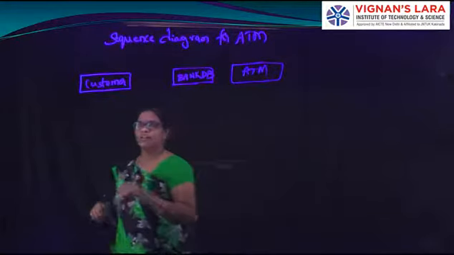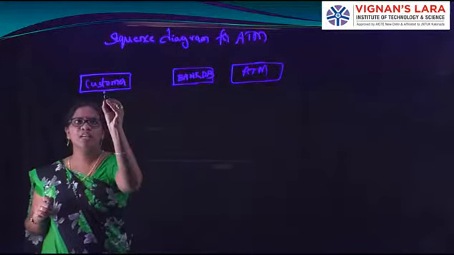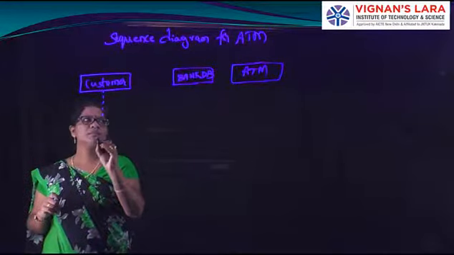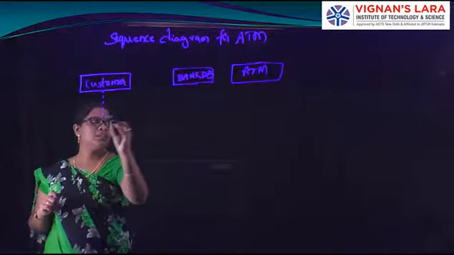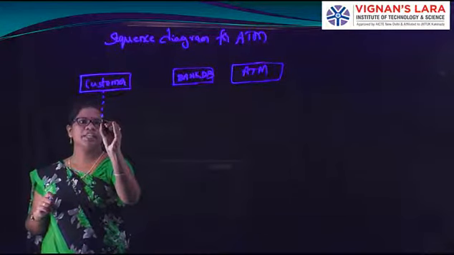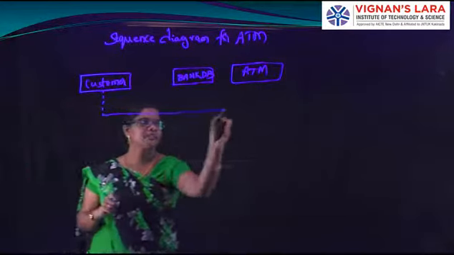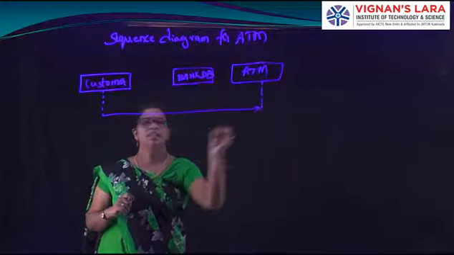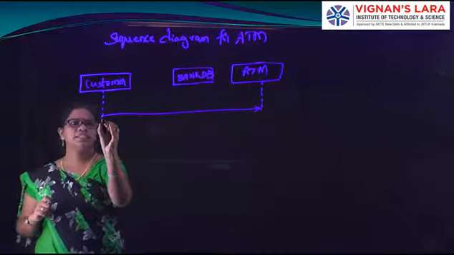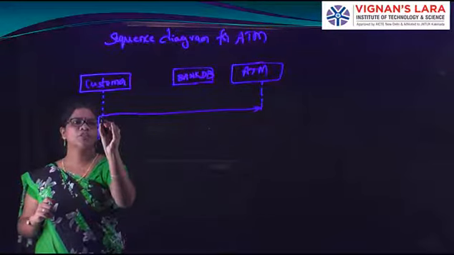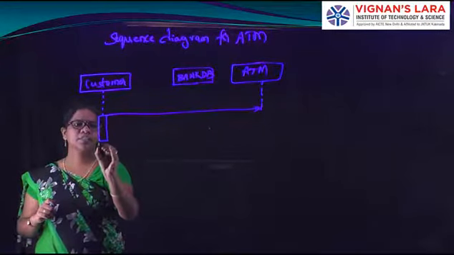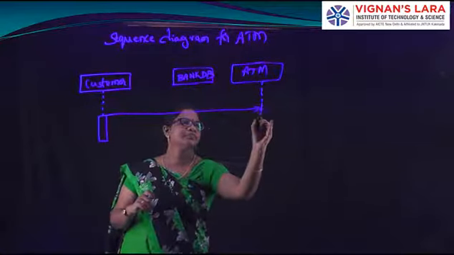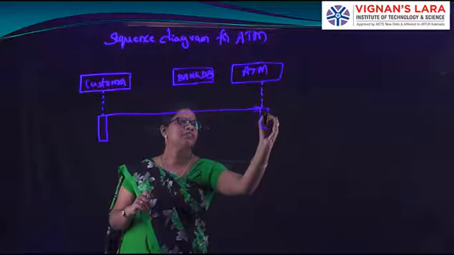In a sequence diagram we have to draw dotted lines. When the customer interacts with the ATM, up to here you draw lines, and when the interaction comes, you give a long rectangle. This is the way of representation in the sequence diagram.